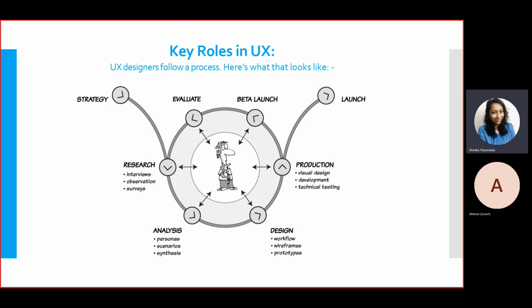Prototype is not the actual product, but it is used for user testing. So after you have evaluated your product and decided it is good enough to go, you go to the production section.